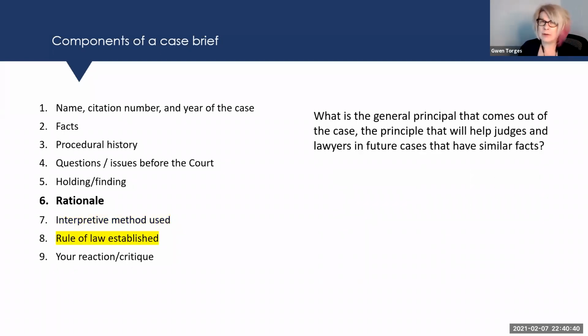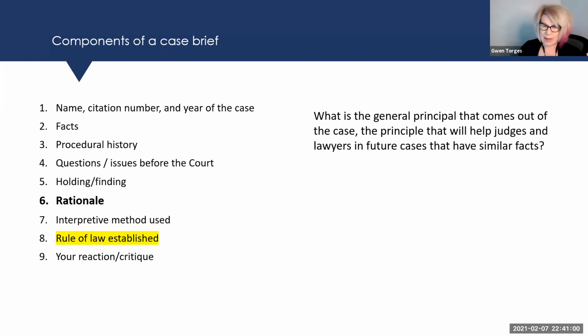The rule of law established. This is probably, when you first start, the trickiest thing. But what is it that the court did that matters for the future? In other words, when we look back at this case, or when judges or lawyers look at it, what lesson do they take from it that they can apply in a later case?